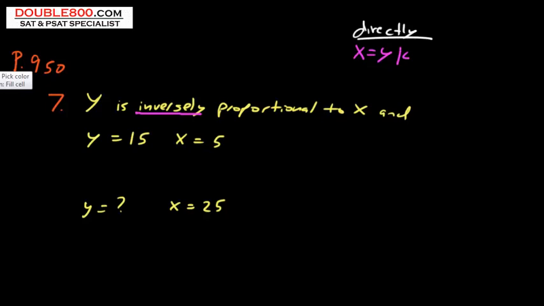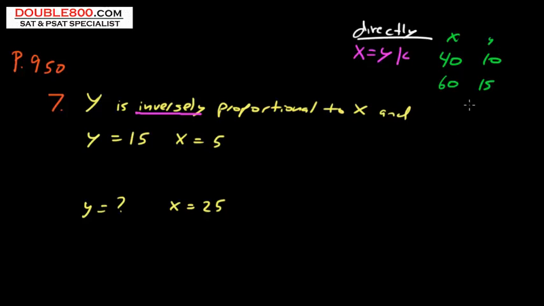Let me just explain. Let's say this is number 3. We're told that x is directly proportional to y, and now we're given values the first time. Let's say x is 40 and y is 10, and we might even be given another one, like 60 and 15.